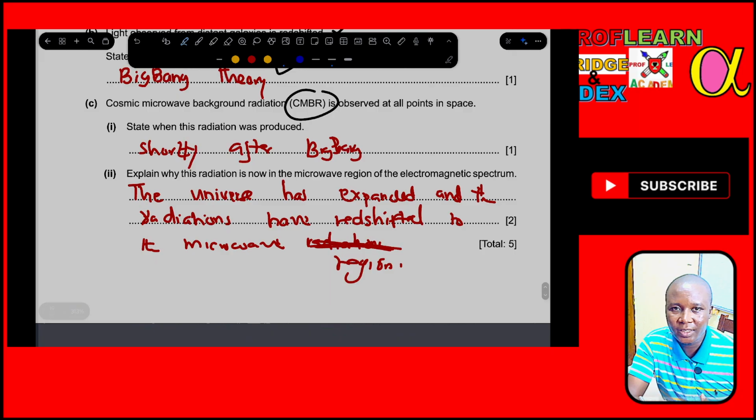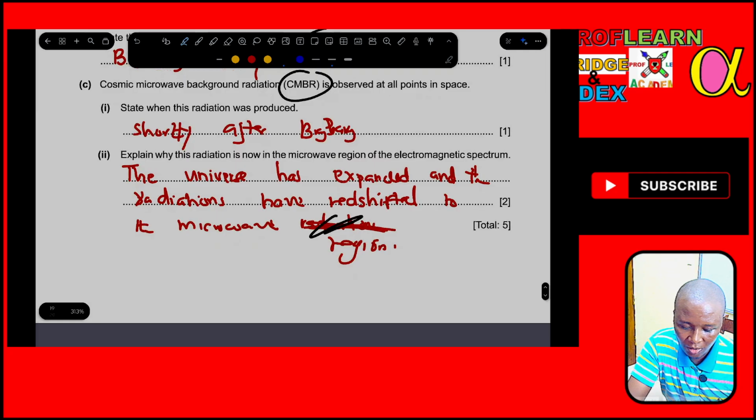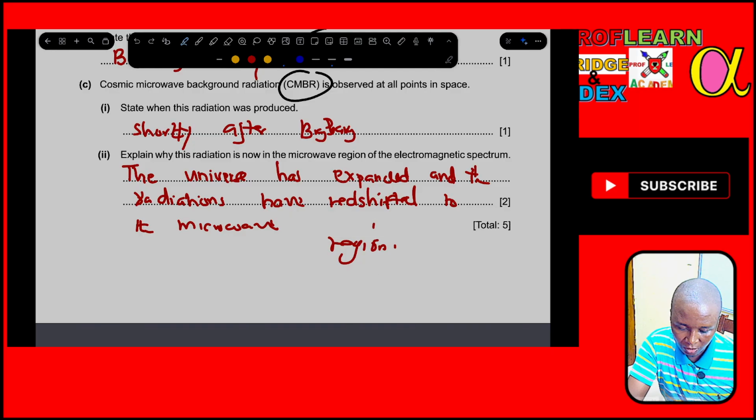It means they were created shortly after the Big Bang, and since the universe has expanded, it means that they have stretched to this particular region.